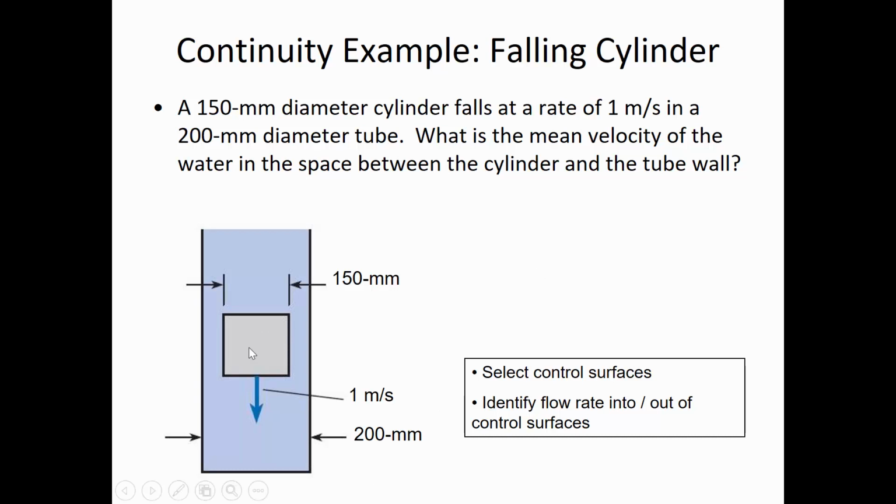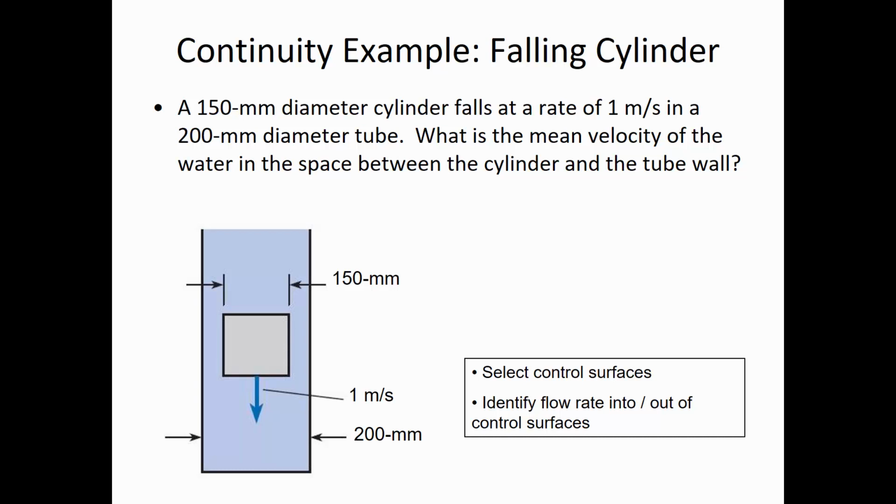So as the cylinder goes down, it's not compressing the liquid because this is water, it's incompressible. Instead, it forces the water to go around the outside. And so, if this solid cylinder moves downward at such a rate that it displaces a liter of water, then that liter of water has to pass upward around the outside edges.